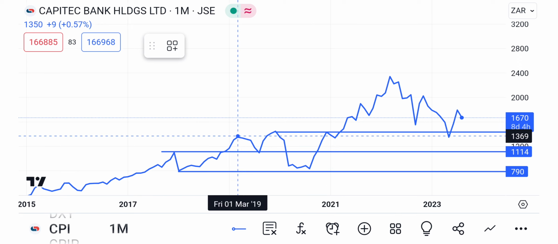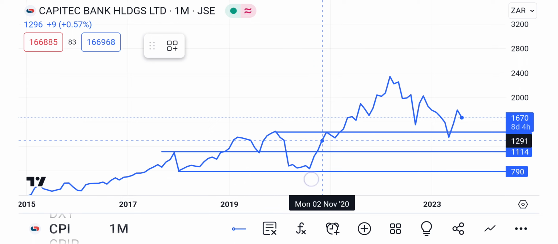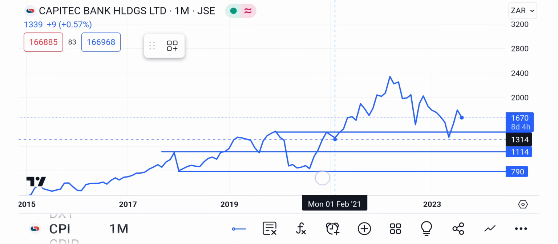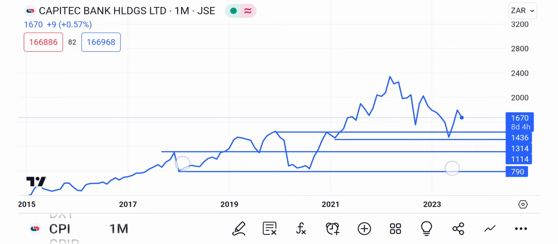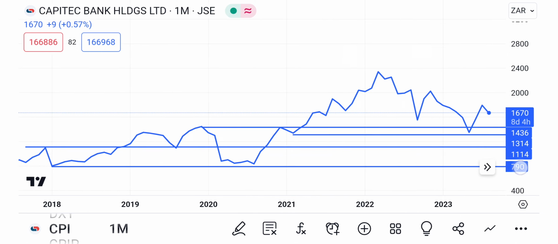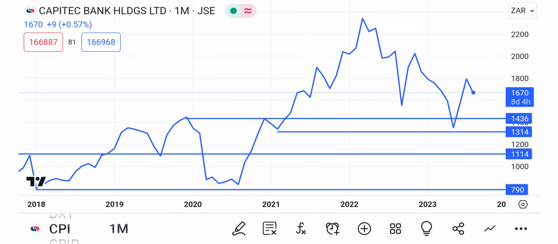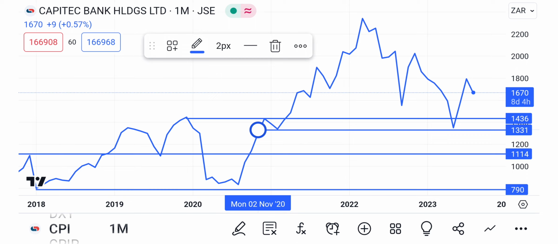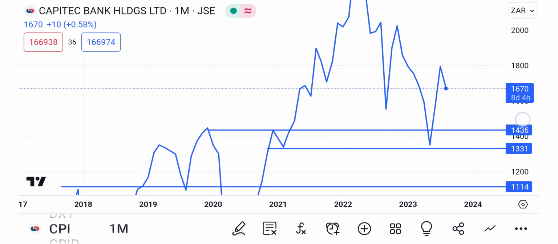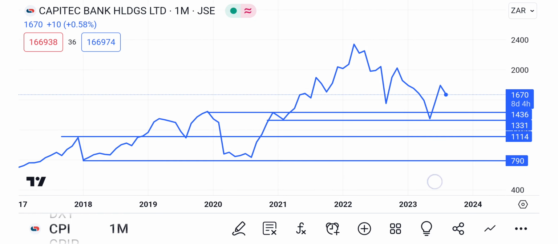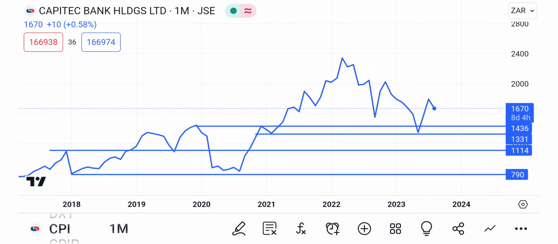I was supposed to mark this one. All right, let me leave it. So they bought their shares here. What price is this? 1,331. At 1,331, people again started buying shares.